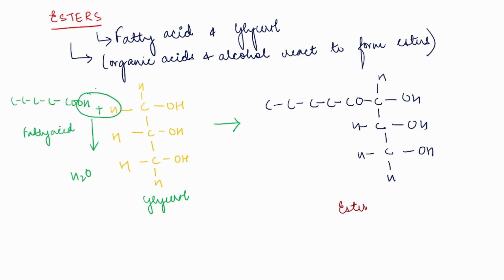Now here you see one fatty acid has replaced one hydrogen. We call this a monoglyceride. So what we have seen here is glycerol, 3 carbons attached to 3 hydroxyl groups, and the fatty acid, a long chain of carbon attached to a carboxylic group.